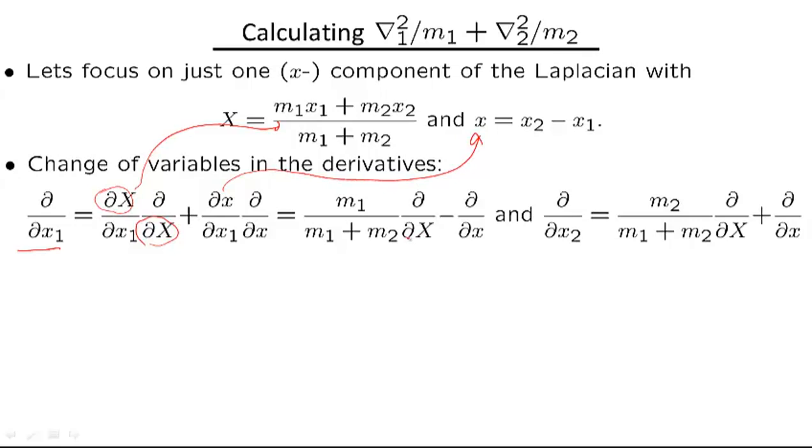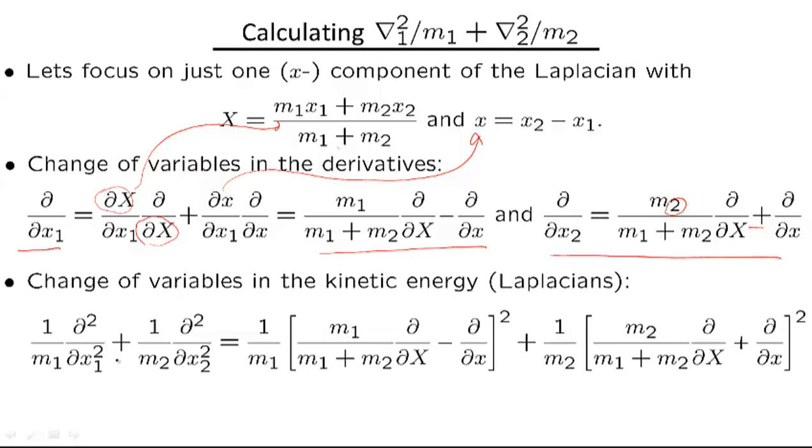The first one, as you can see, gives us m1 over the total mass, and the second one gives us basically a minus sign. So this is the result of this derivative when expressed through capital X and small x. We can do the same thing, of course, for x2, and this is the result, with the only difference being m2 here and the plus sign here. And that's pretty much it.